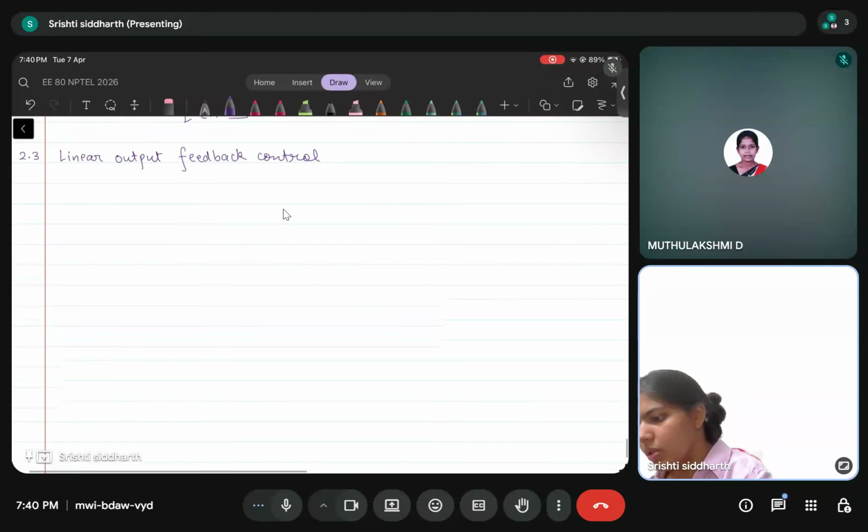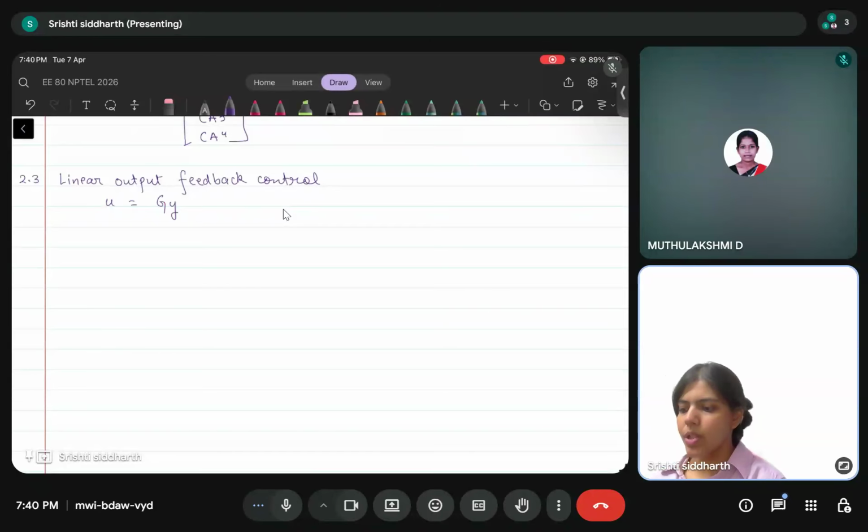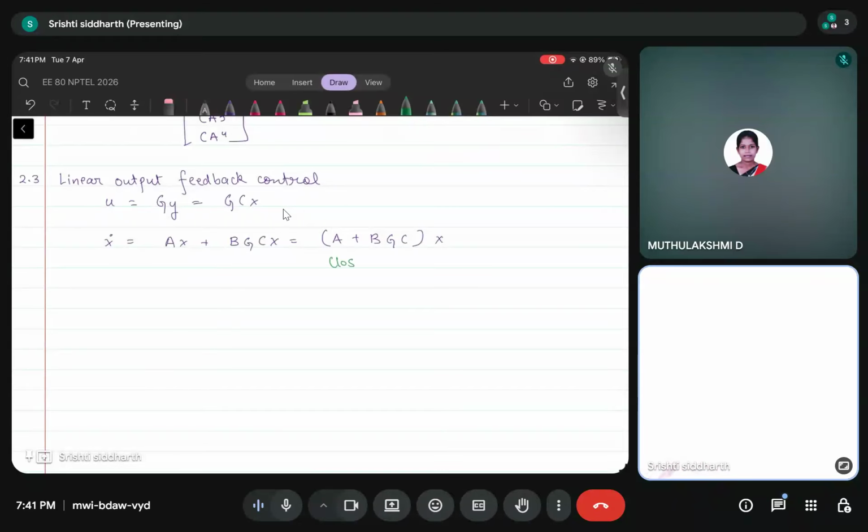Alright, so the control is U equals G of Y. So some feedback gain G times the output. And Y is Cx. So the closed loop system is AX plus BGCX. So this is the closed loop system.